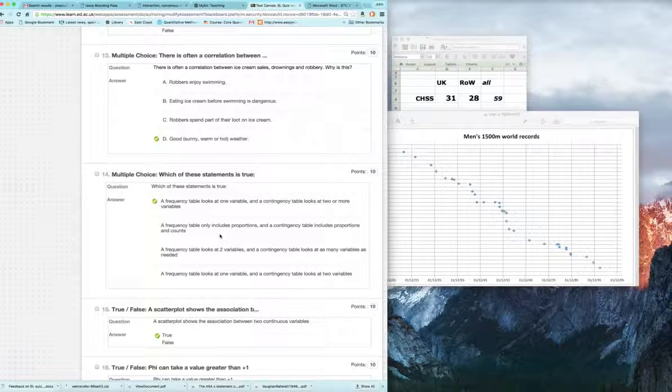Either a frequency table or a contingency table can show proportions or counts or percentages, any consistent way of showing the data. A frequency table only ever looks at one variable. It looks at the frequency distribution for one variable. If there's more than one variable in the same table, it's not a frequency table.